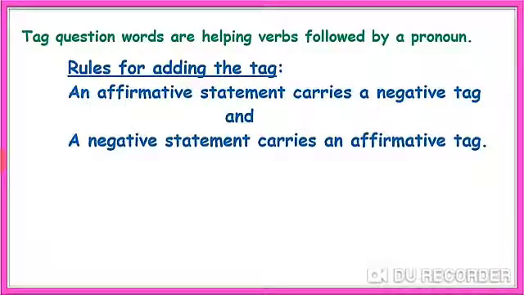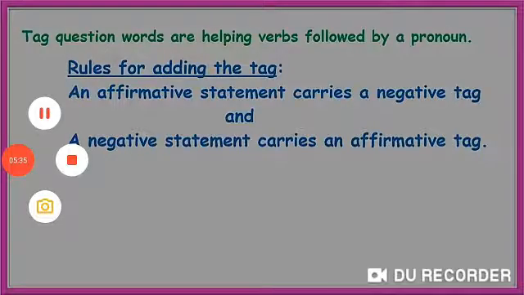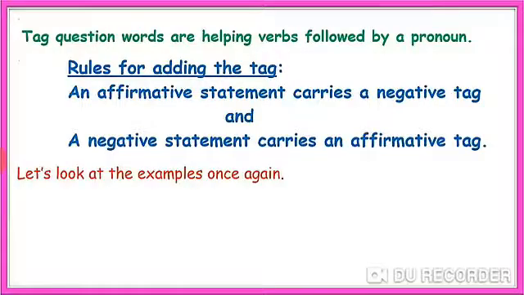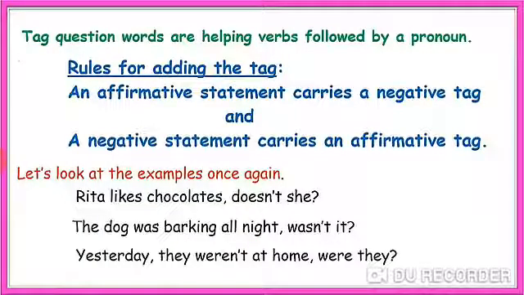Now let's understand the rules for adding the tag. An affirmative statement carries a negative tag, and a negative statement carries an affirmative tag. Now let's look at the examples once again. Rita likes chocolates, doesn't she? Now how do we follow the rules?